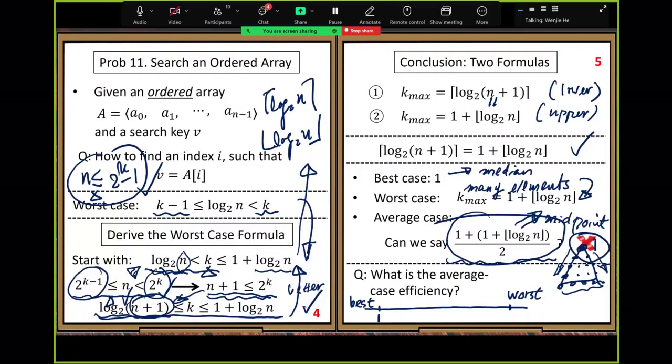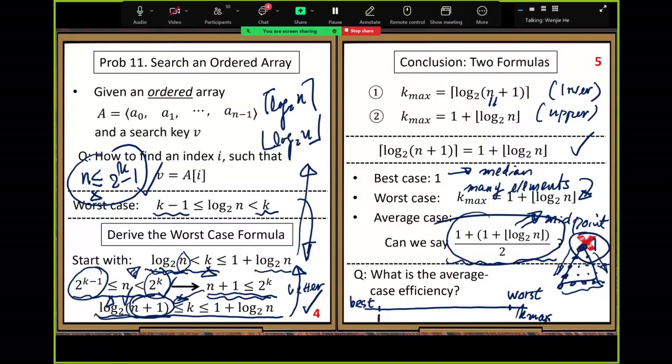Here I use this K max number. Now I use this line segment to show you where the average case location is. Here we just look at the number.